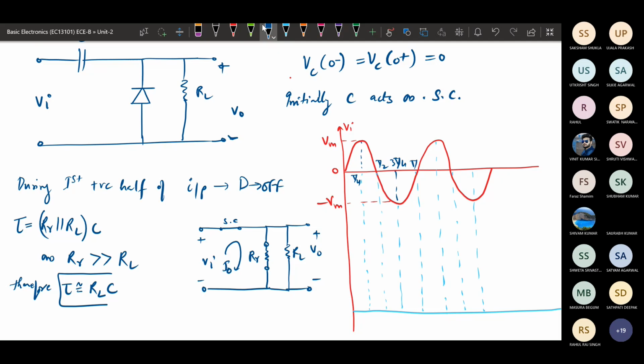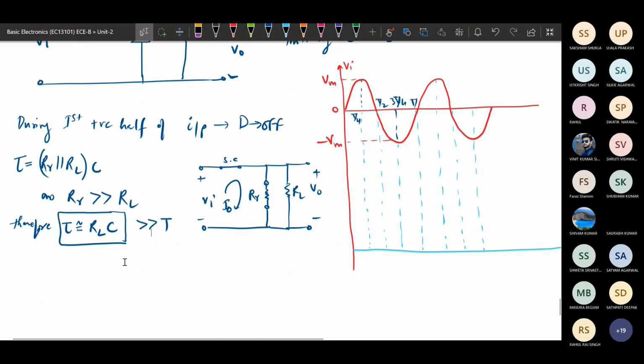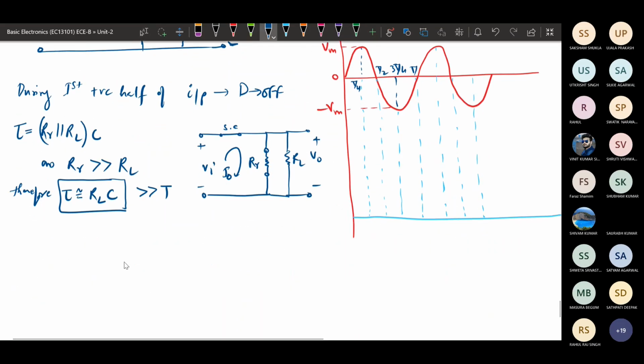This tau value, that is RL into C, will be very much greater than the time period of the input waveform. It will be very high. If it is very high, therefore the rate of charging of the capacitor will be low.